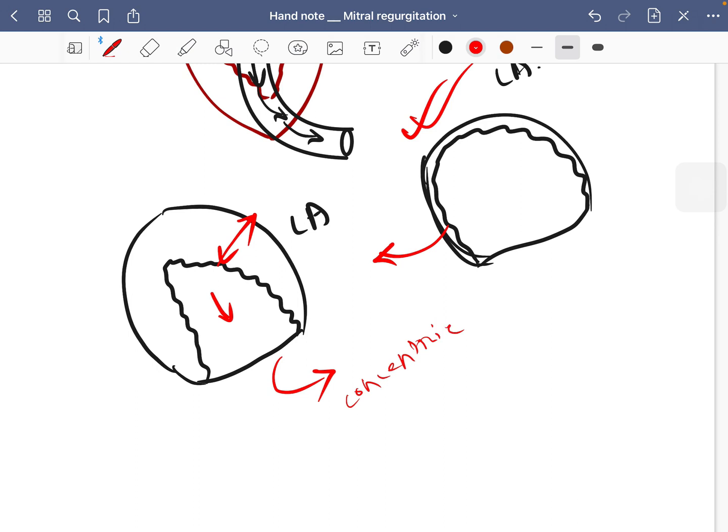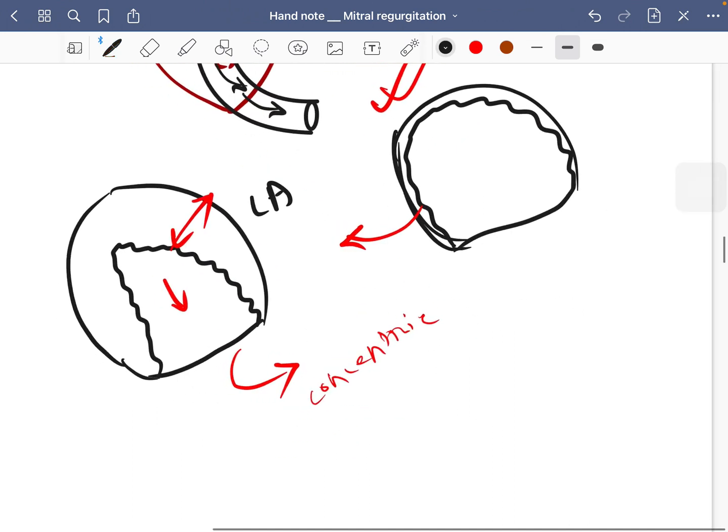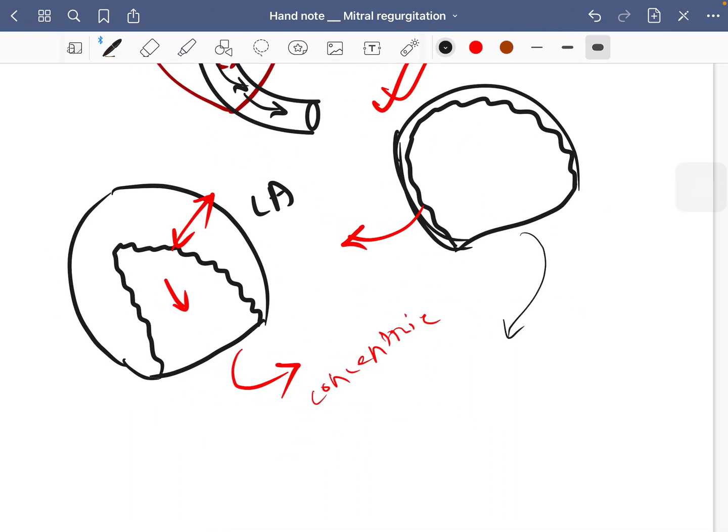That means in concentric hypertrophy, the cavity of a heart chamber will decrease and the wall thickness will increase. In eccentric hypertrophy, what will happen there? Again I am drawing this atrium here.